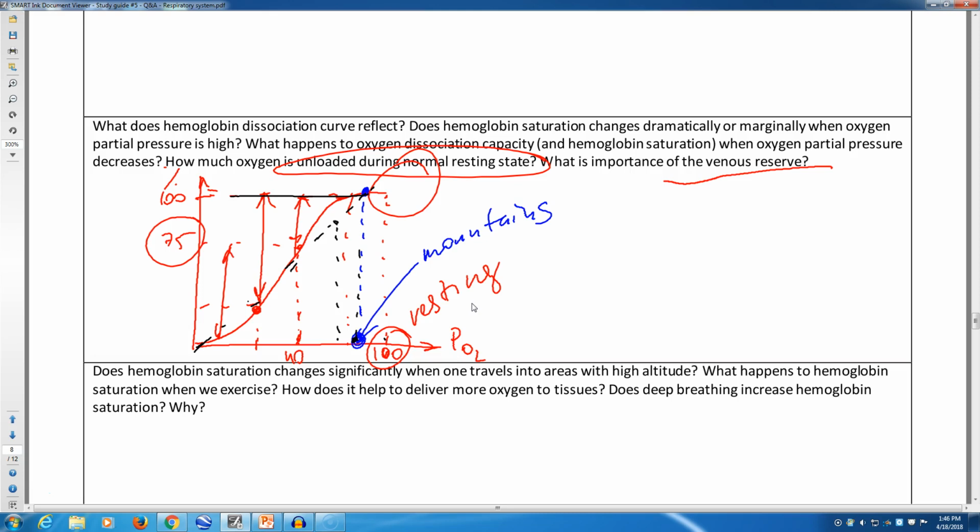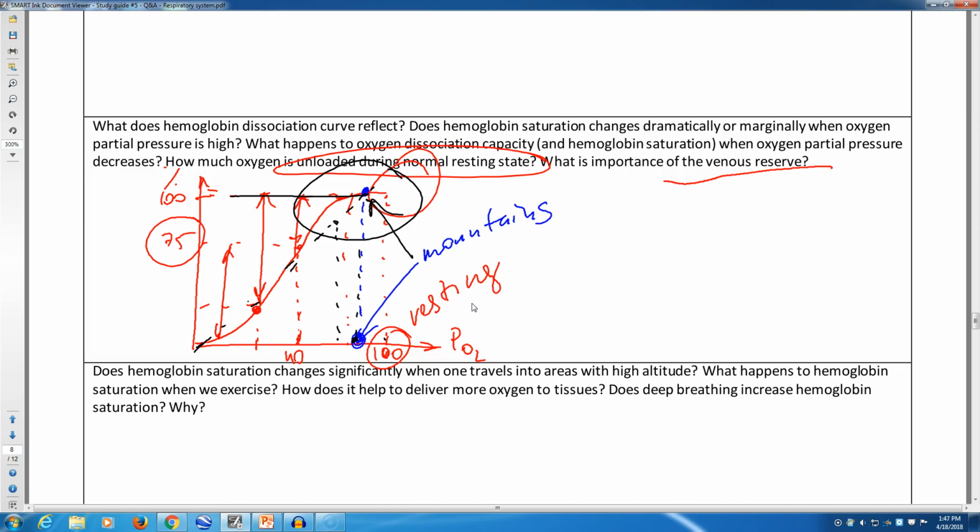So, deep breathing. Think about this part. Deep, rapid breathing. Does it increase saturation significantly? No. Why? What is the saturation level at the top here?